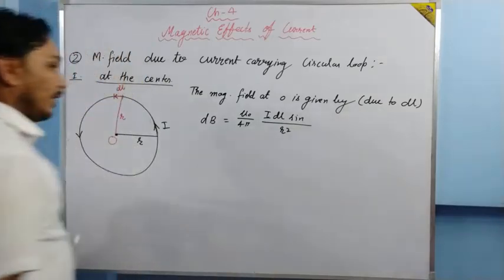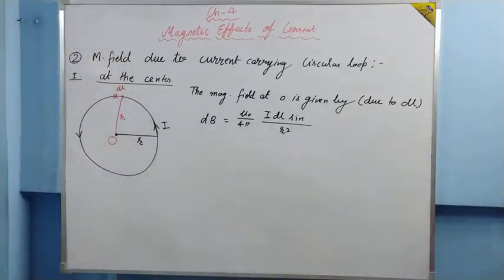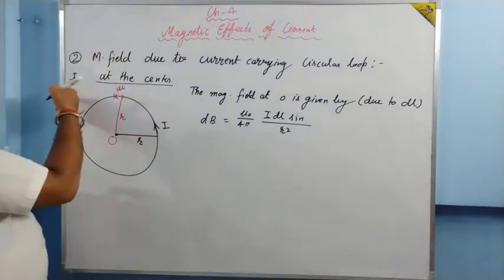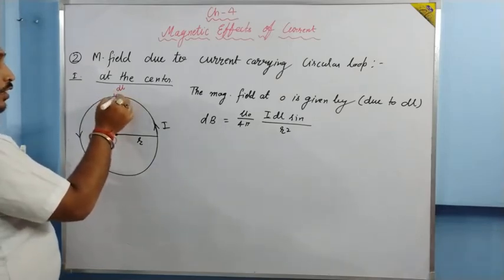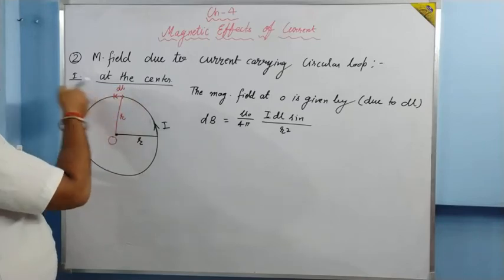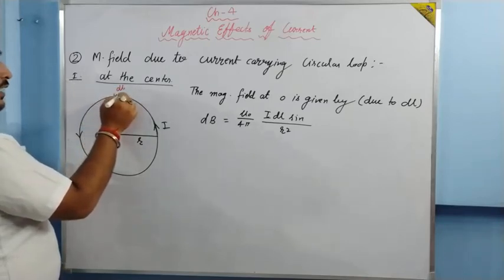I have not written the angle because I want to discuss that angle. The direction of dl is along the circumference, and it is a very small one. So the direction of dl will be along the tangent at this very point, and this is the radius.